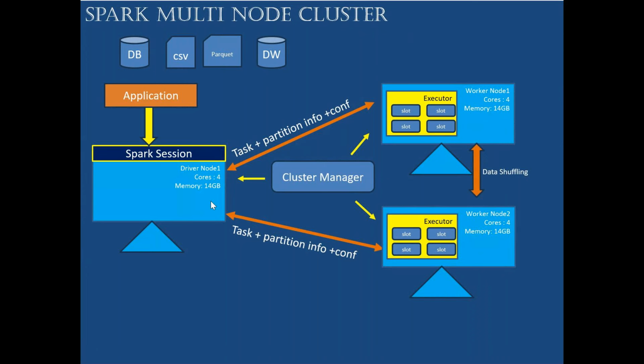Understood? Task and partition are both the same, right? Yes. For each partition to run, we will be scheduling one task. That task will be executed in one slot. One slot is nothing but one core. The number of partitions is equal to the number of tasks, you can say. Here the cluster manager's responsibility is just to check what resources are available in the worker nodes.